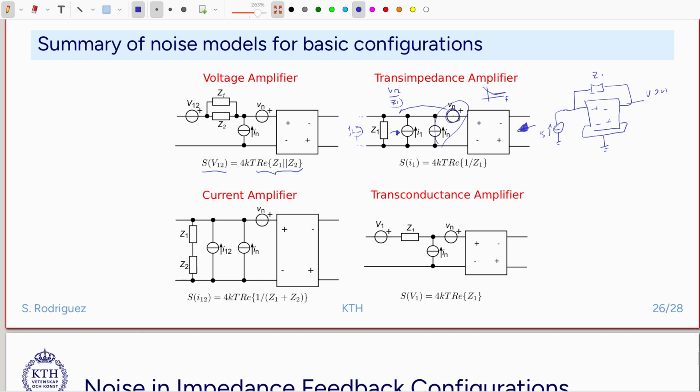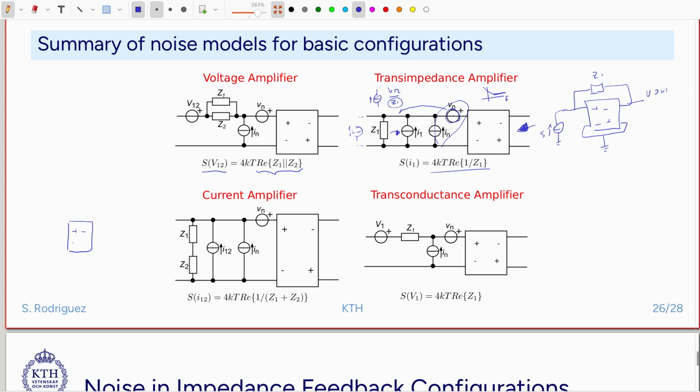So Z1 will introduce 1 over f noise in our total input referred noise current. That is the reason that we saw some 1 over f noise in that simulation setup. If you were wondering, it comes because of this, because we use a similar configuration to be able to bias that transistor.